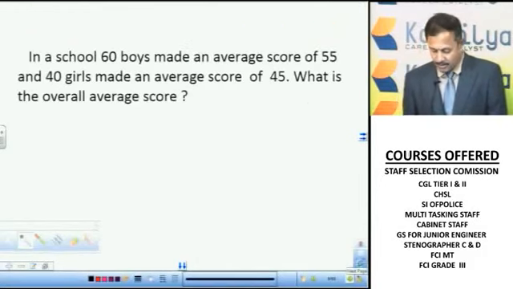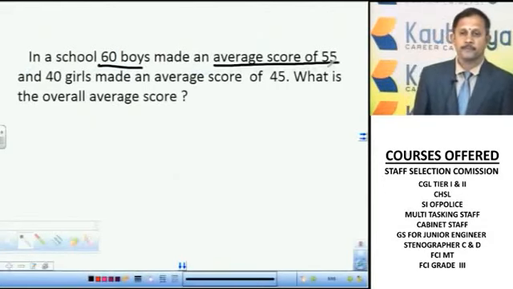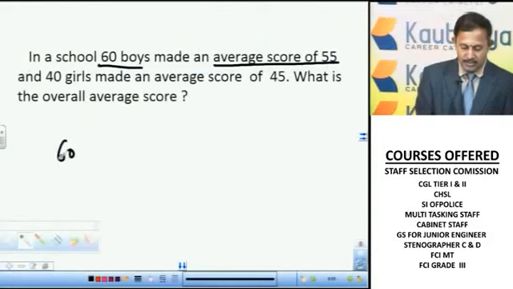And here let us go through some more examples. The first one: in a school, there are 60 boys and they made an average score of 55.